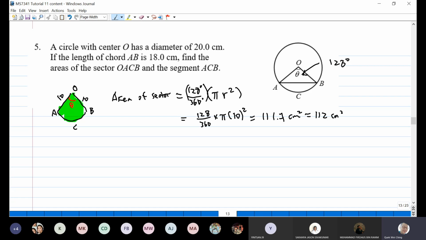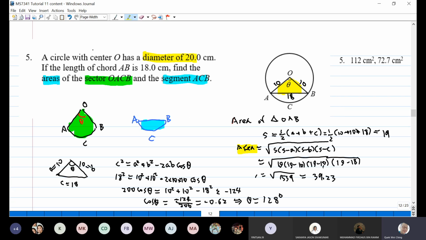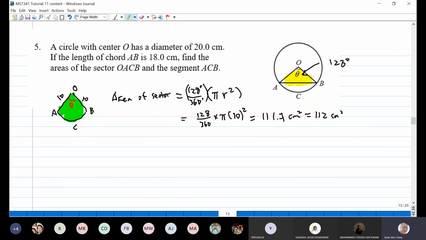And then I want to find the area of the segment now. First of all, I know the area of the triangle. Okay, area of the triangle we found out earlier is 39.23. Let me see if I draw it here.